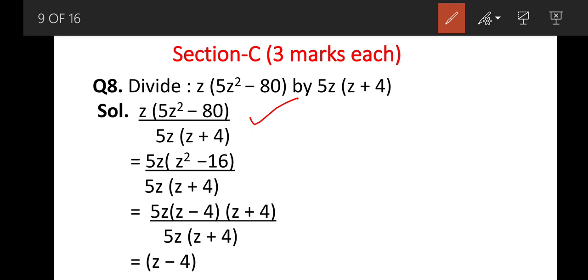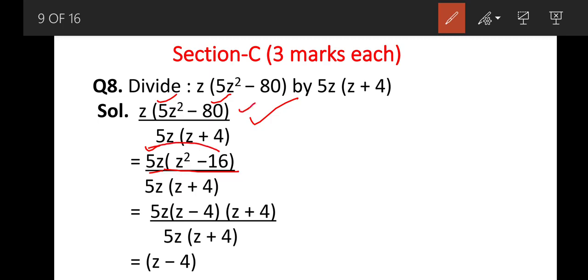I have observed that out of 5 and 80, I can take 5 as the common factor. So 5 is the common factor. It is written outside. z square, as given to us in the question. So what will be left inside the bracket? z square minus 16, as 5 into 16 is equal to 80.